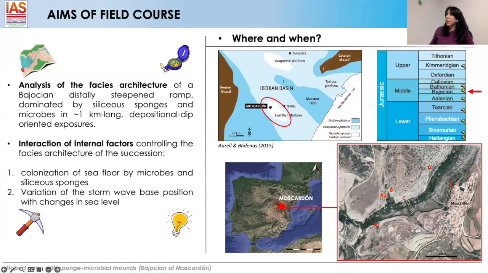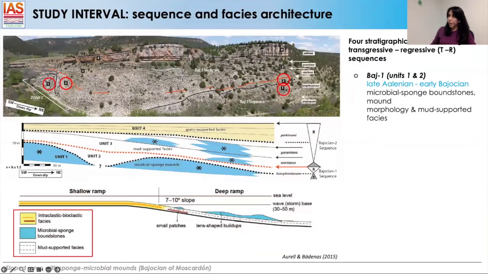We start by taking a look at the panorama in 4 geographic units, which define 2 transgressive-regressive sequences.